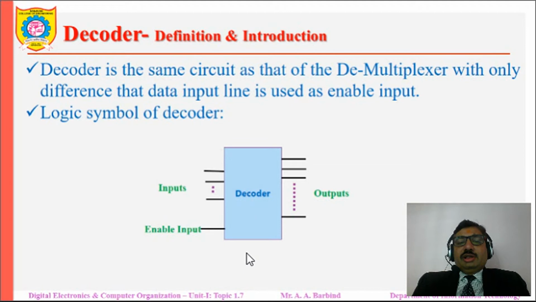The select lines are now used as the input lines, and the data input is used as the enable input, and the outputs of that particular decoder are as shown here. So this becomes a decoder. This is how the decoder and demultiplexer functions are interchangeable. Demultiplexer can be used as the decoder.